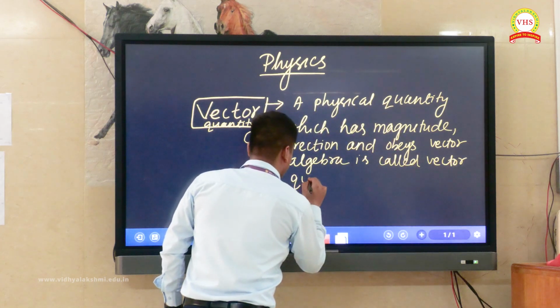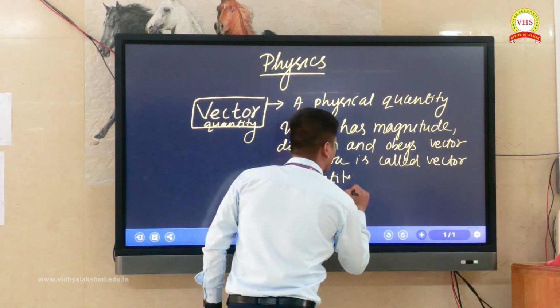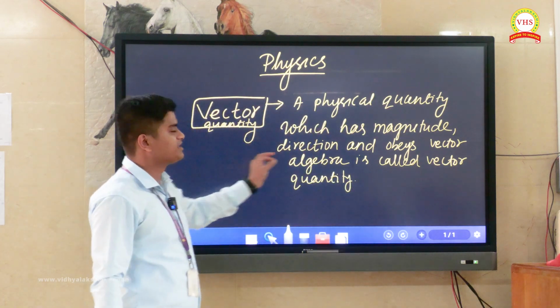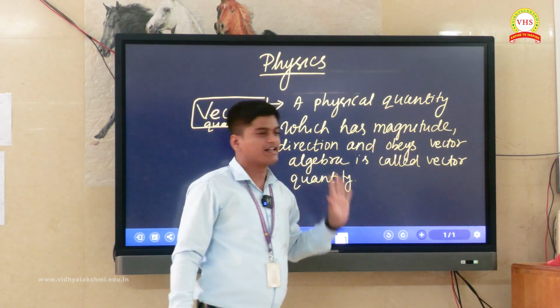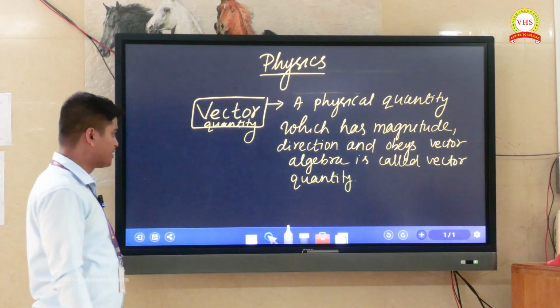Okay. So let's understand this meaning. So one is magnitude. A vector quantity has magnitude and it has direction, and always vector algebra.